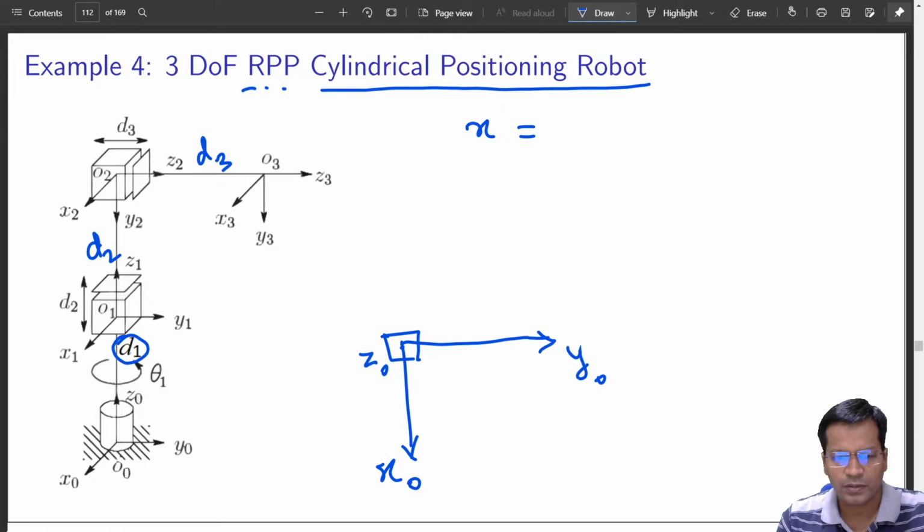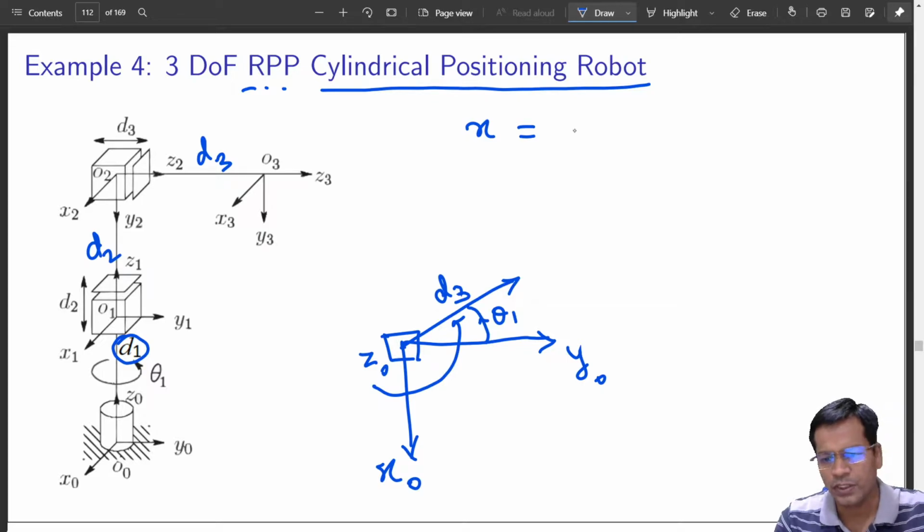Okay, so how much is d3? If it is rotating like this, so this is your theta 1, this is your d3, so x is minus d3 sine theta 1.